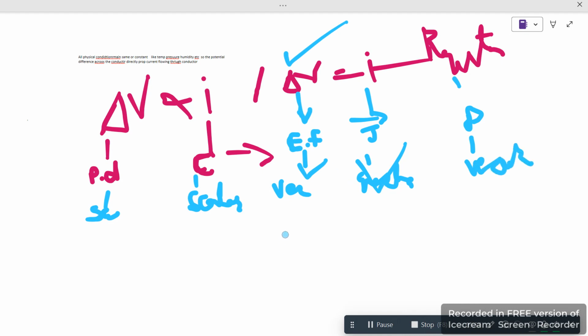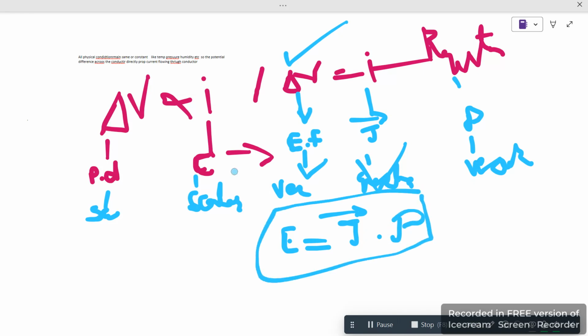So we get E equal to rho times J. This side is a vector quantity, and this is a scalar quantity.